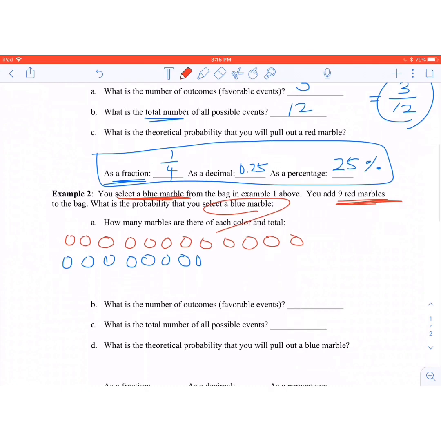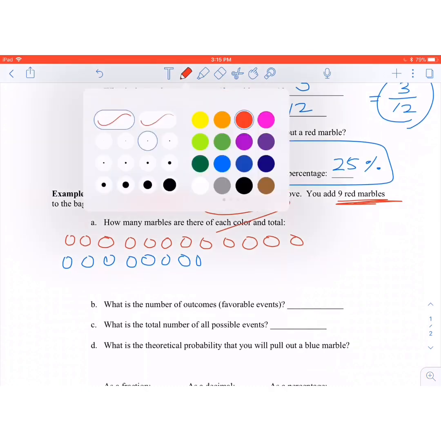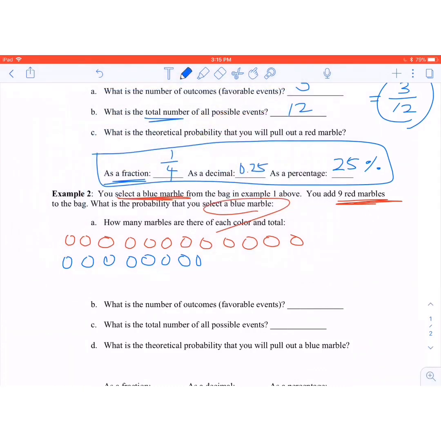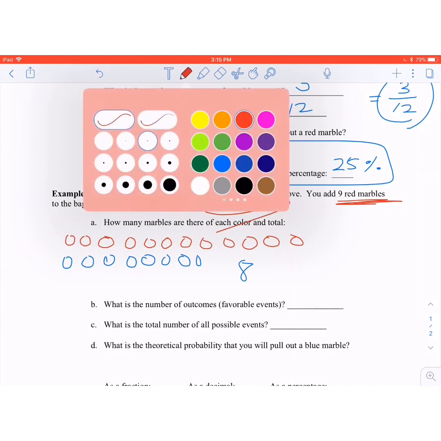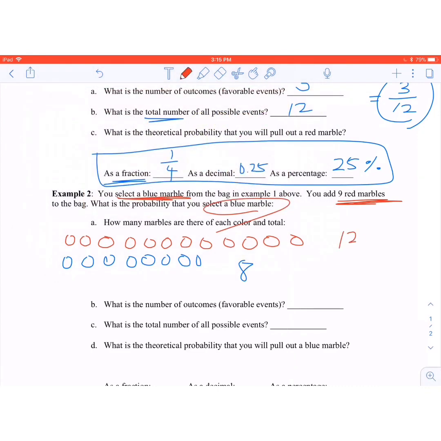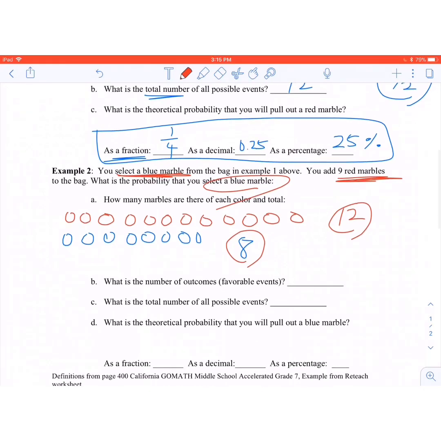So after adding and taking away, how many are there now? There are now going to be 8 blue marbles and 3 plus 9, so 12 red marbles. 12 versus 8. So what is our favorable event? What are we desiring to find out? Our desire is to know the chance of selecting a blue marble.